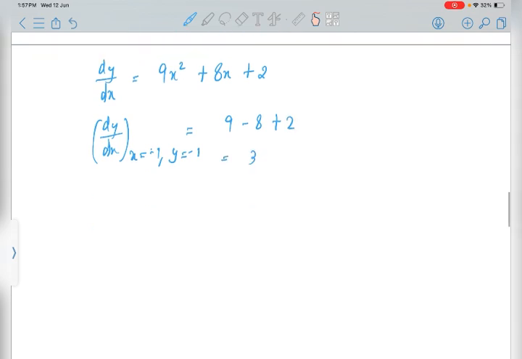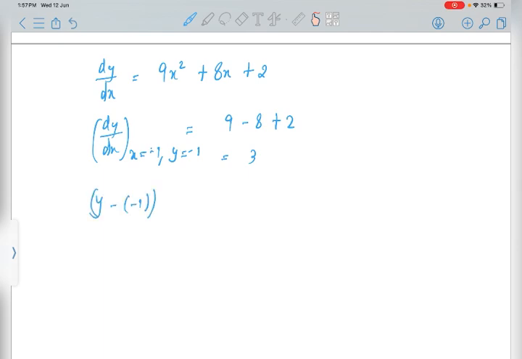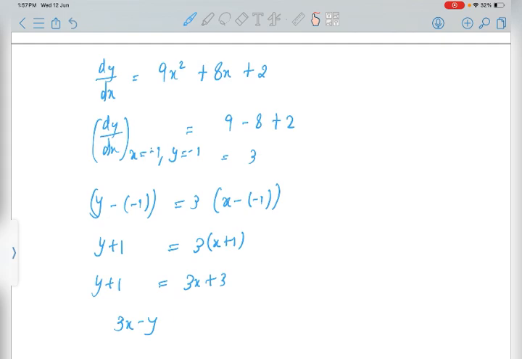The slope of the tangent at this point is 3. So now we can find the equation. y minus y1, which is minus 1, equals m into x minus x1. So y plus 1 equals 3 into x plus 1, y plus 1 equals 3x plus 3. So 3x minus y plus 2 equals 0.